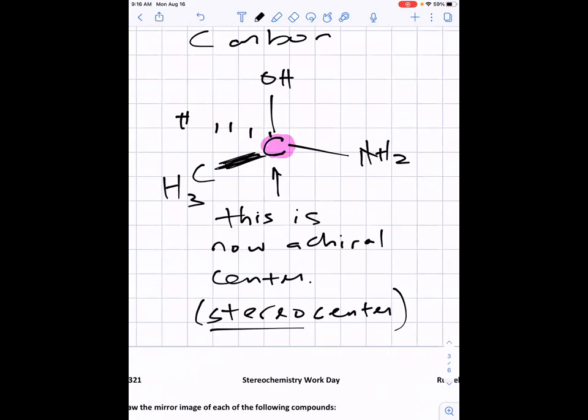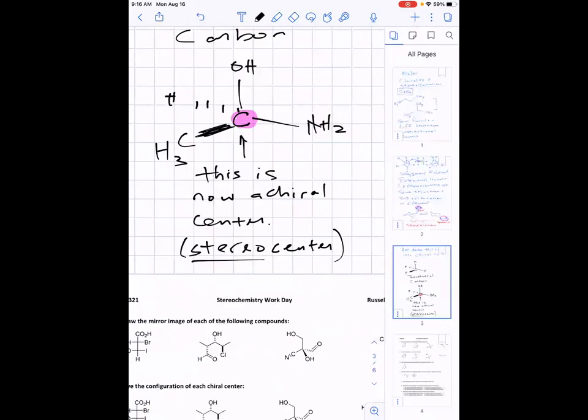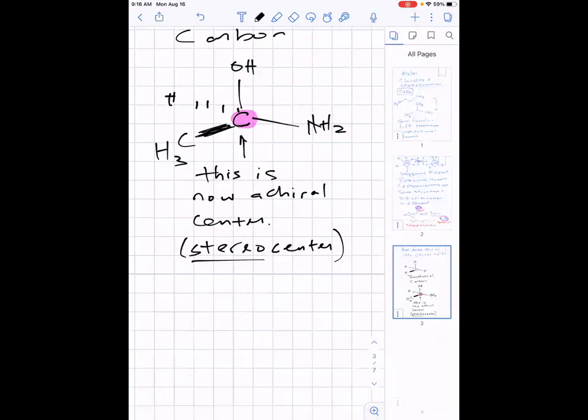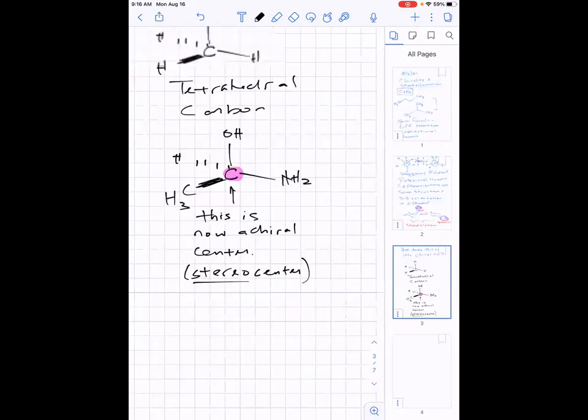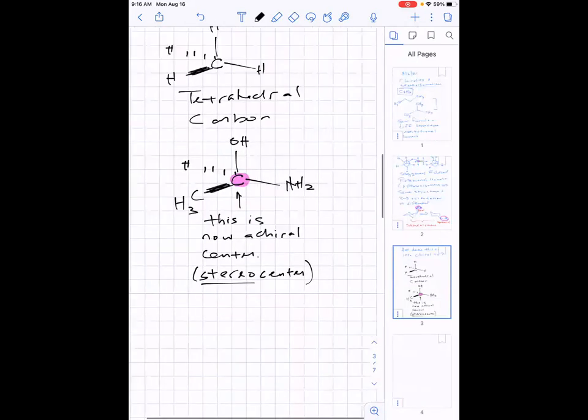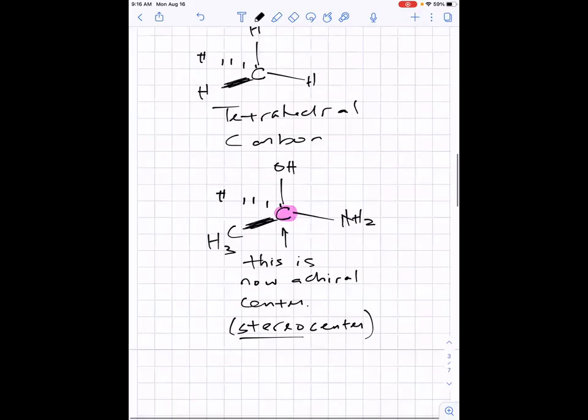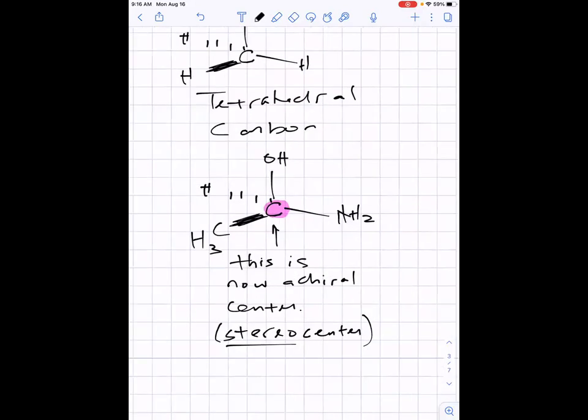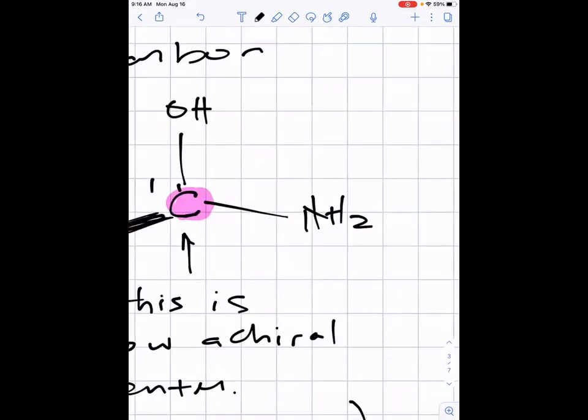Can somebody who watched the video tell me what the criteria are for chirality? For a chiral center, it needs to have 4 different groups.